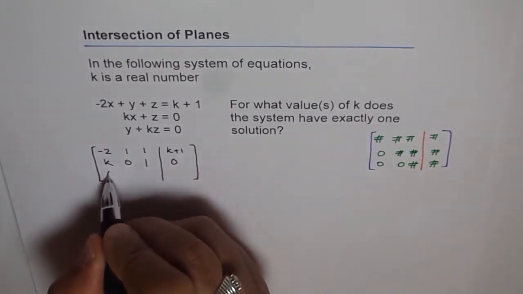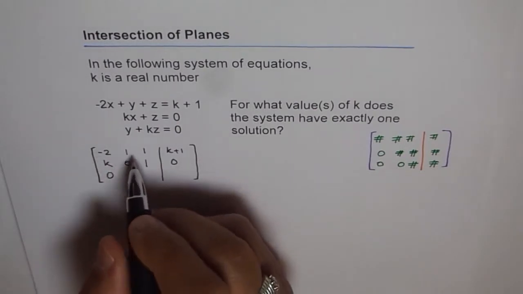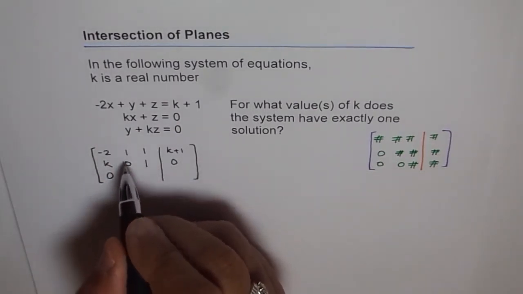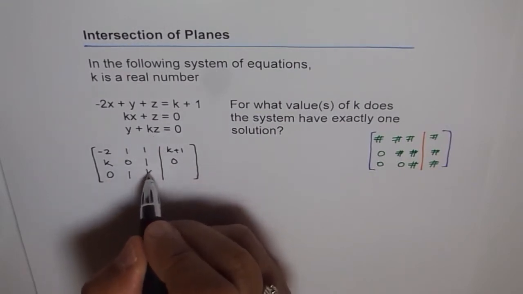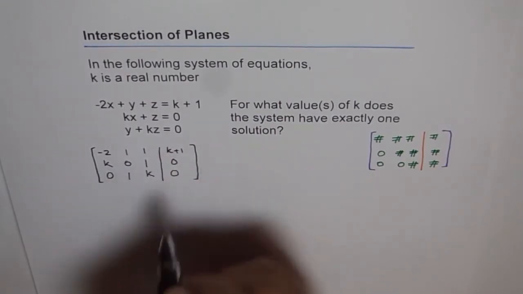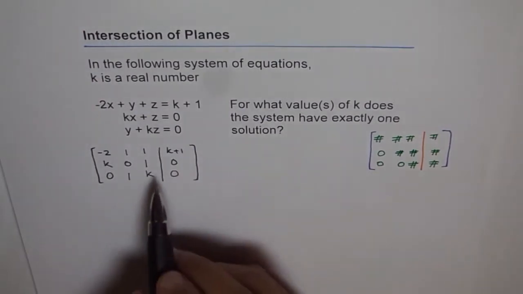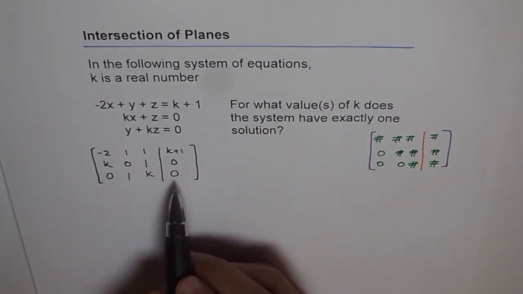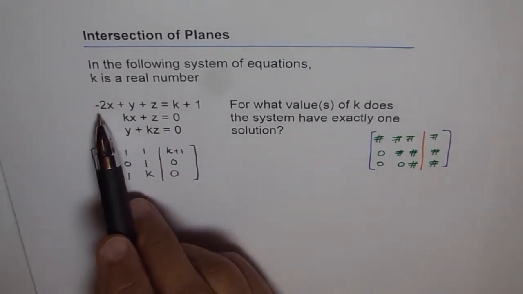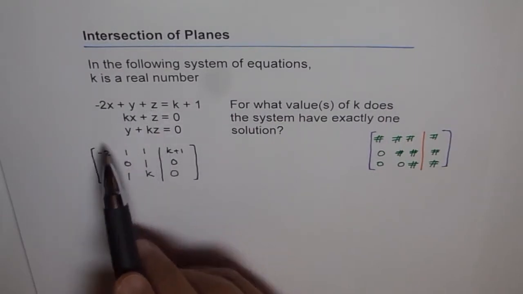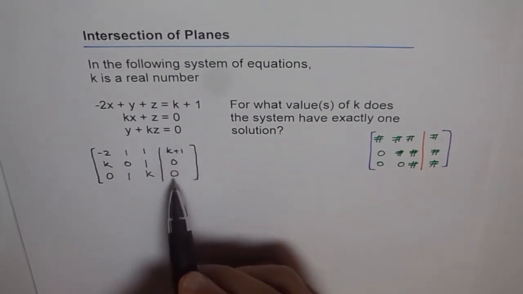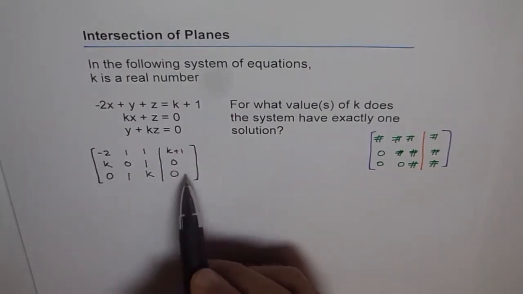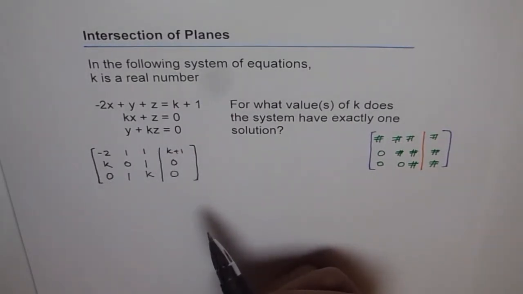And for the third equation, the coefficient of x is 0, the coefficient of y is 1, and the coefficient of z is k, and here we get 0. So that's our augmented matrix. In an augmented matrix, we are only writing the coefficients of our variables on the left side of this line, and the constant values on the right side of the line. So once we do that, we have our augmented matrix.